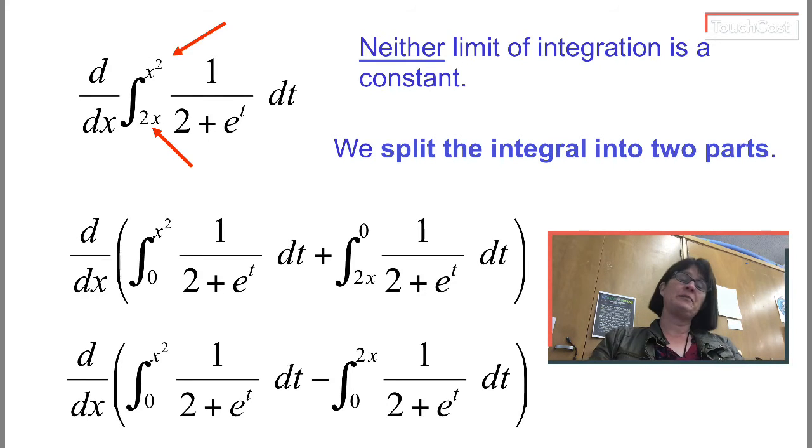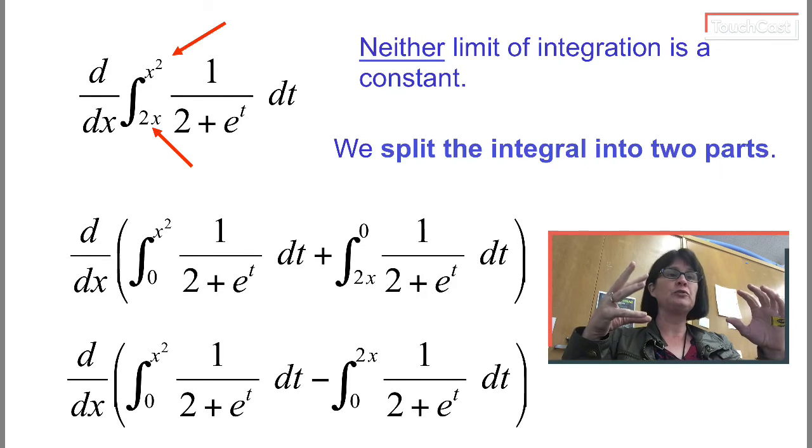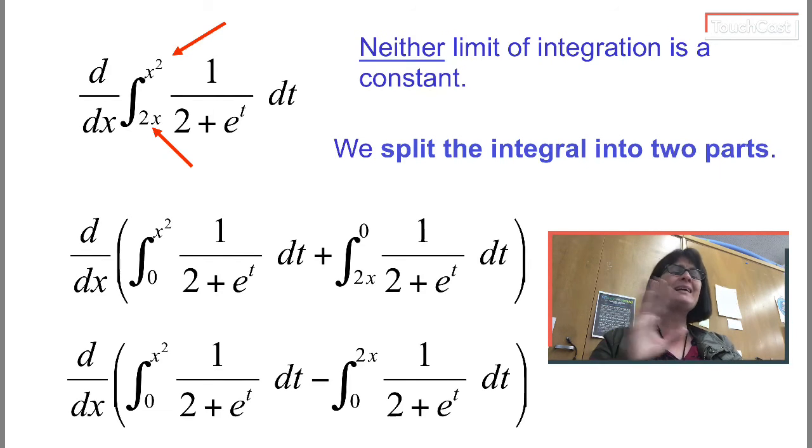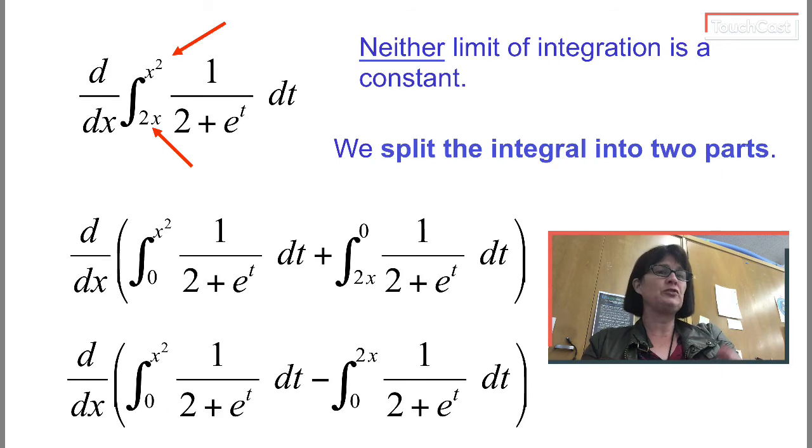This time, neither limit on my integral is a constant. So I'm going to use that additivity property of integrals to rewrite this one integral as the sum of two integrals. So pick any number you want. You don't even have to know or even suspect that that number is halfway between or even in between the two limits you do have.